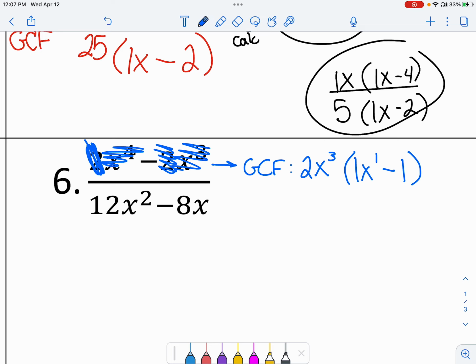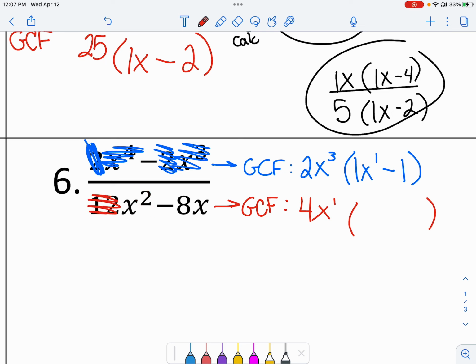All right, GCF on the bottom now. And again, I'm going to move yours, so if you want to write it, you can. Let's see, what goes into both of those? Definitely a 2, but even bigger, a 4. And they both have an x, so do I pick x squared or x to the first? I pick x to the first. Okay, now it's time for some division.